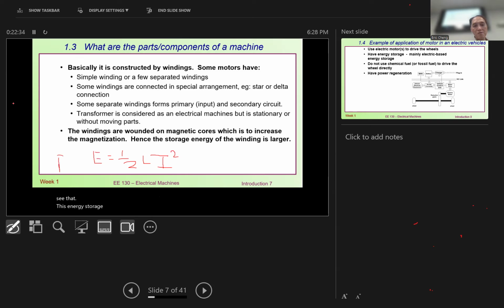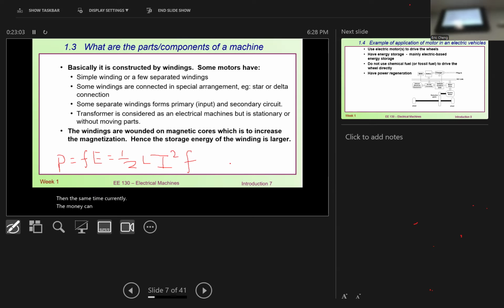Then for the power of the motor, the power equals energy multiplied by the frequency. So that means we multiply by the frequency here. So if the power is unchanged constant, if the motor is 100 watts, 1 kilowatt, if you're able to increase the operation frequency, then for the same current, the inductance can increase.